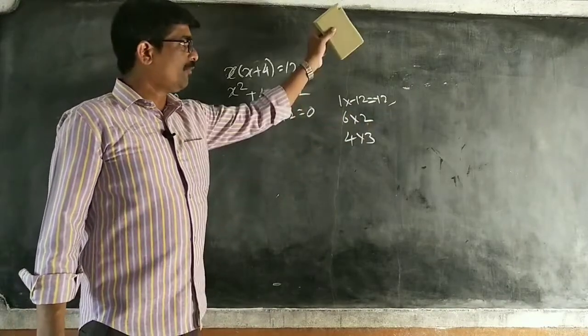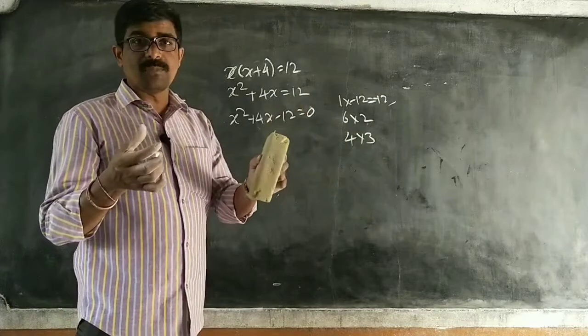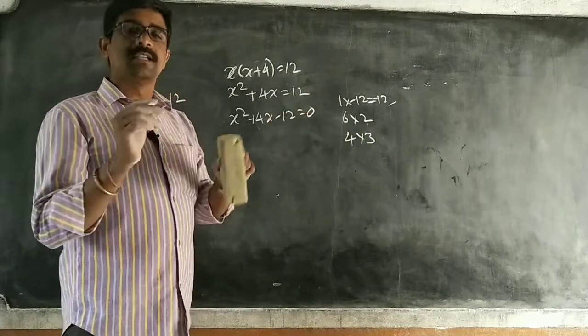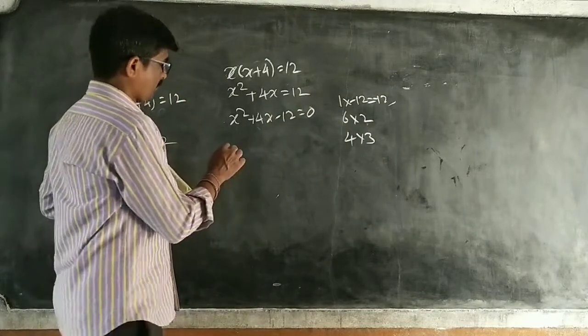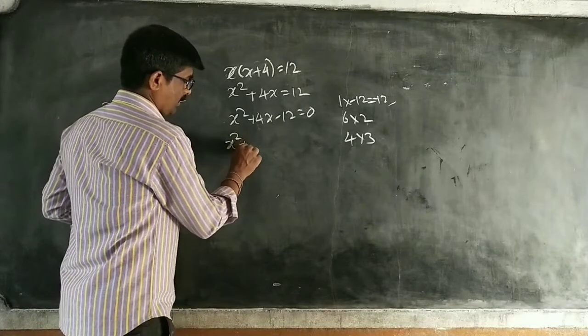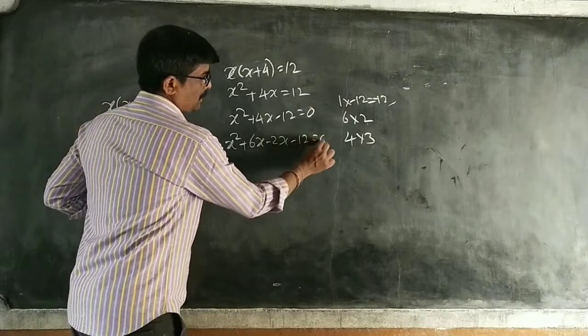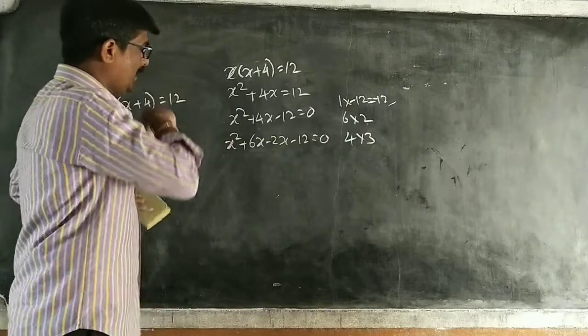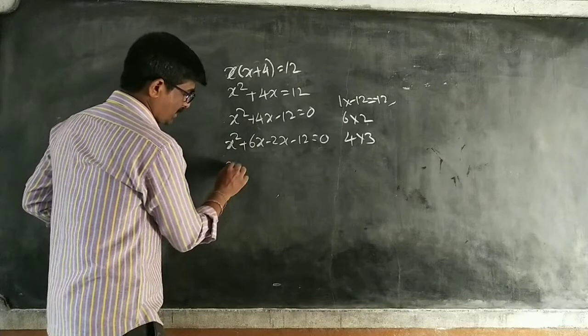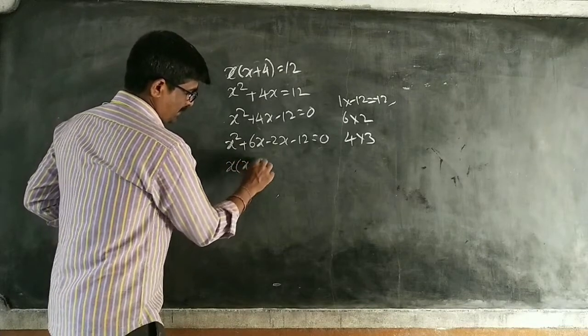So first you have to do factorization. Find which is suitable, then only you solve. Otherwise it is a problem for you. So x square, I am writing 6x minus 2x minus 12 is equal to 0. Okay? Right. So if I am taking x common, x plus 6.